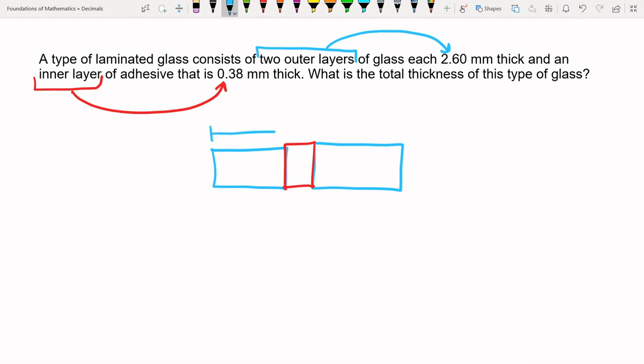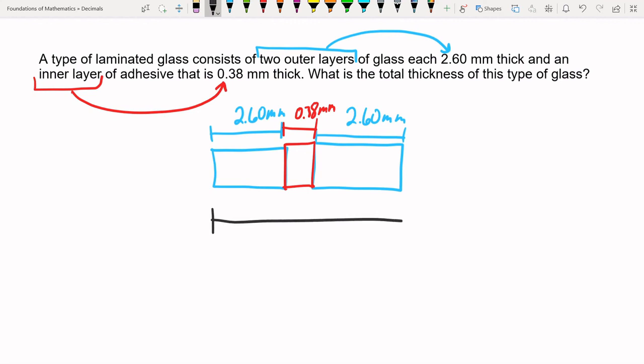So this here is 2.60 millimeters, this here is 2.60 millimeters, and the inside is 0.38 millimeters. So it's asking us, what is the total thickness of this type of glass? So what is this distance here?